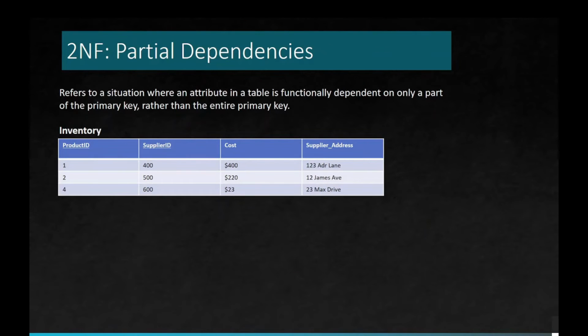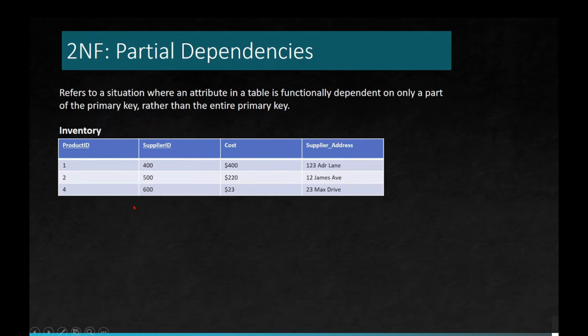Here we have an example of the inventory table, where we have a composite key of product ID and supplier ID. Remember, for the table to be in second normal form, all non-key attributes must be dependent on the entire primary key. So cost and supplier must be fully dependent on the entire primary key.